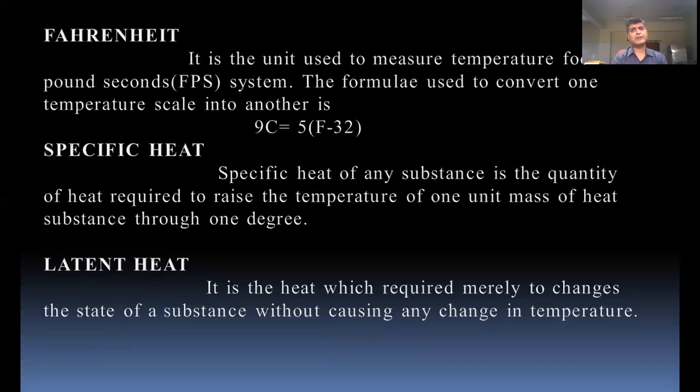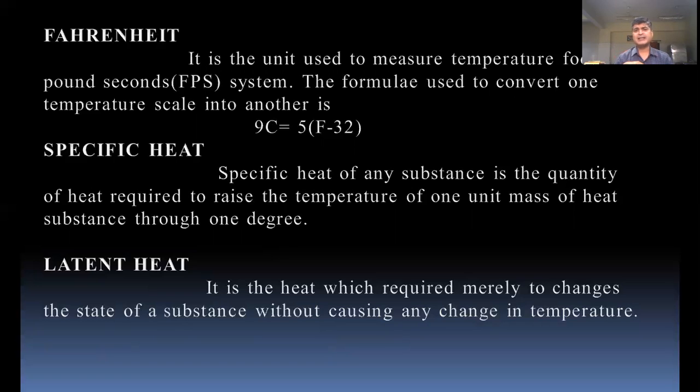It means specific heat for any substance is the heat required to raise the temperature of that unit mass by 1 degree. For any unit mass, the actual heat required to raise it by 1 degree Celsius is the specific heat. Next is latent heat.